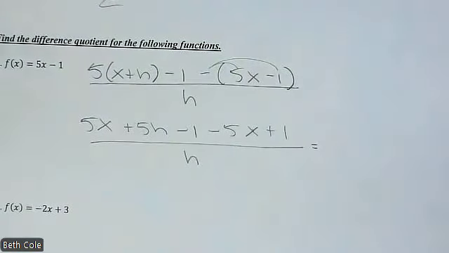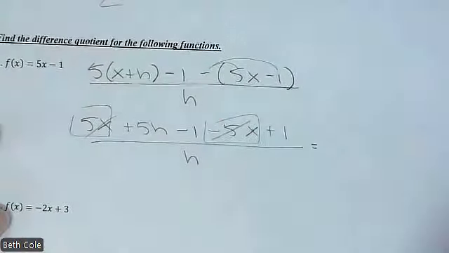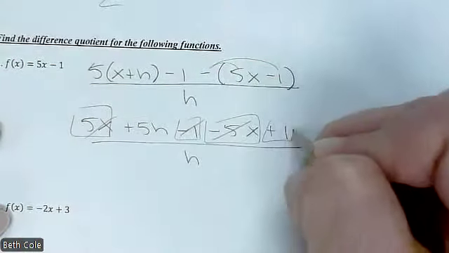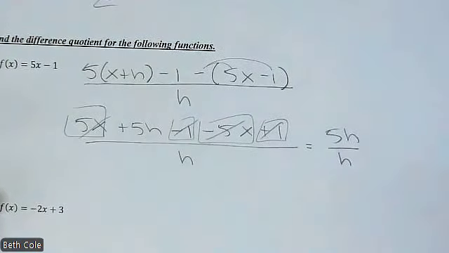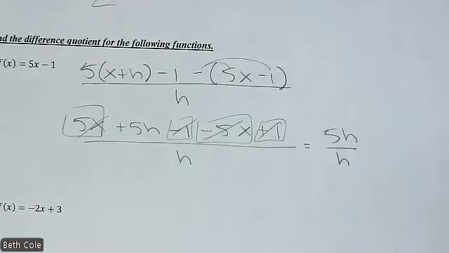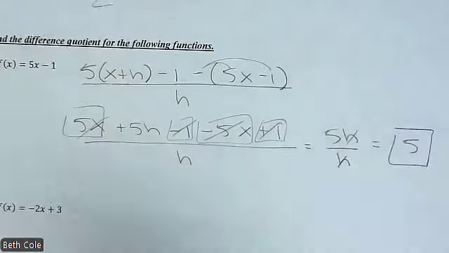And then you should see stuff that cancels. Do you see anything that's going to cancel? 5x's cancel. Those are gone. The 1's cancel, those are gone. So you got 5h over h. And your last step is always to cancel out the h's. These turn out the same way every time. So if those cancel, you just get 5.